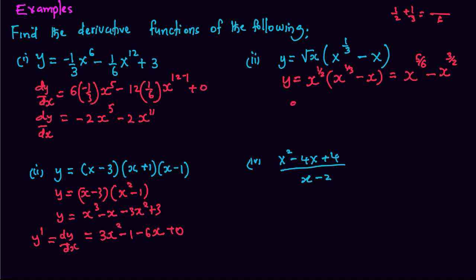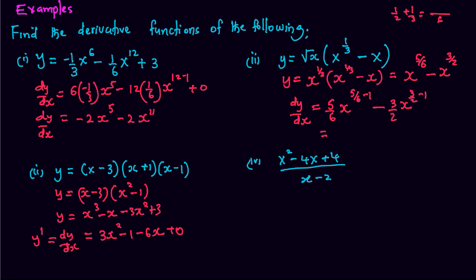So dy over dx, therefore, is equal to 5 over 6 x to the power 5 over 6 minus 1, minus 3 over 2 x to the power 3 over 2 minus 1.